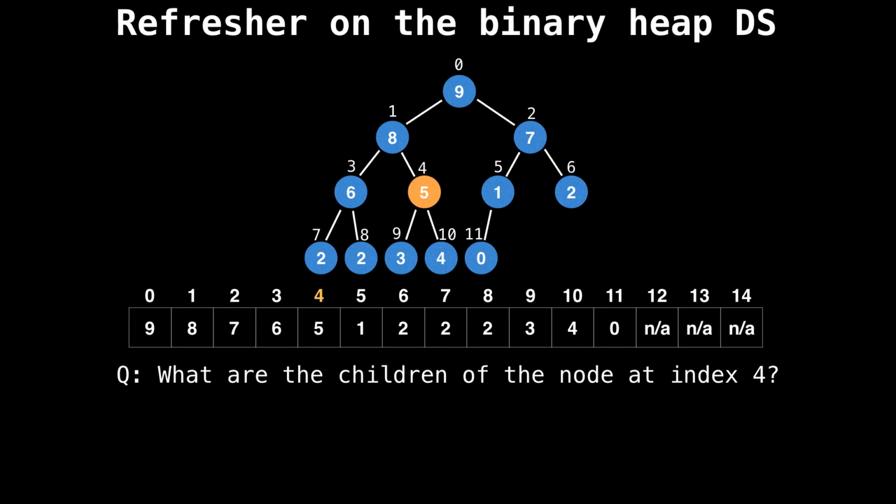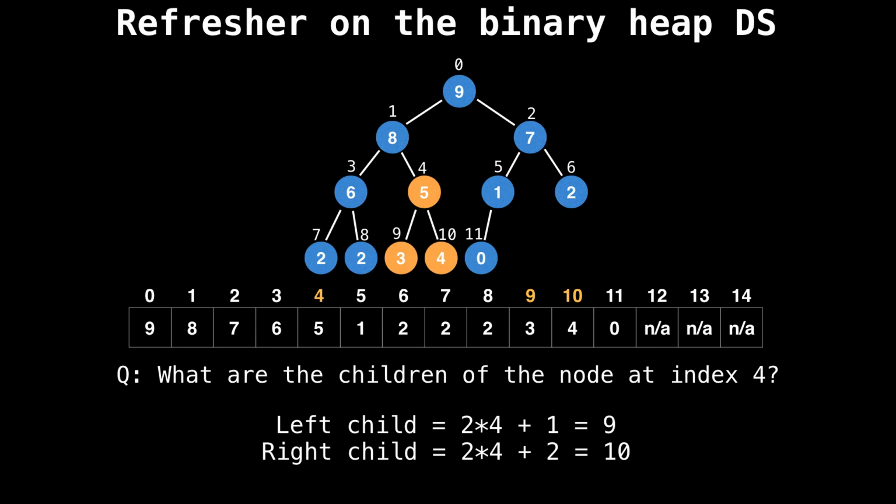As an example, what are the children of the node at index 4? Well, we can just plug i into the two formulas I just gave you to obtain the indices 9 and 10. Of course, you can always run the math backwards and figure out what the parent of a given node is. Both of these are especially useful if you're either walking up or down the tree.